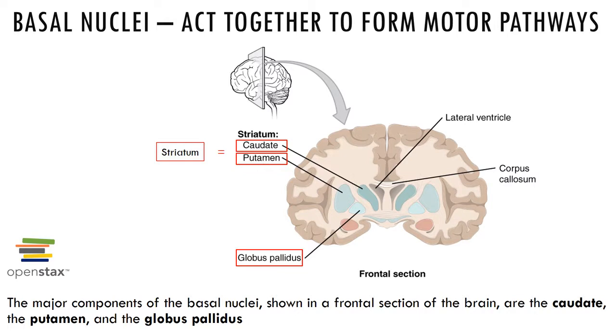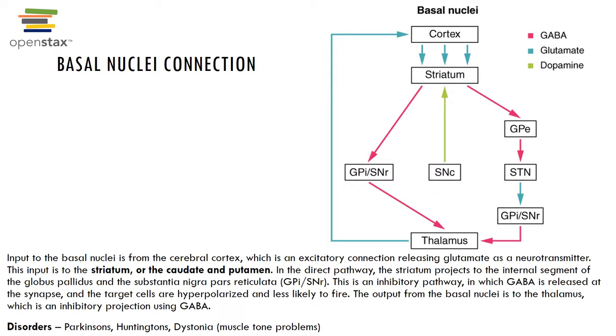The major components of the basal nuclei are the caudate, putamen, and globus pallidus. And as I mentioned previously, diseases or damage to the basal nuclei might result in disorders like Parkinson's or Huntington's disease.